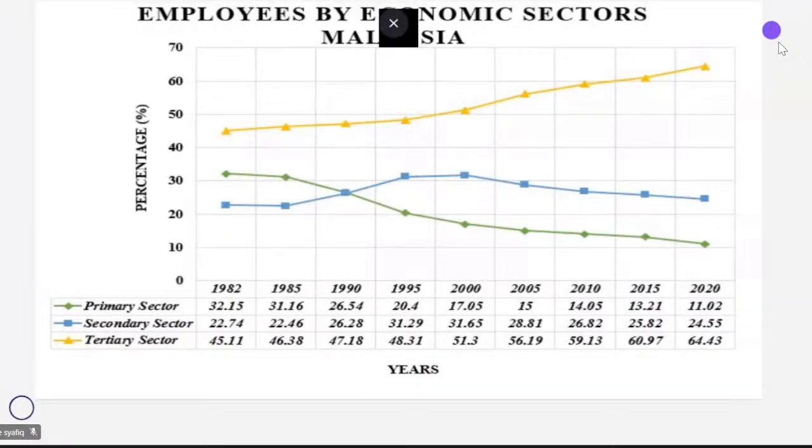Okay, using the data we collected from DOSM, this is the graph that we plotted, which shows the percentage of employment contribution by economic sector.